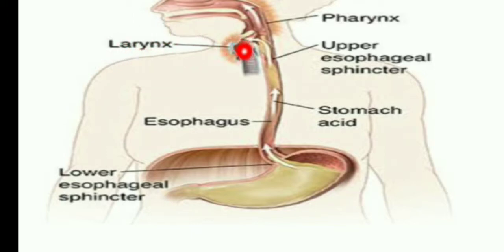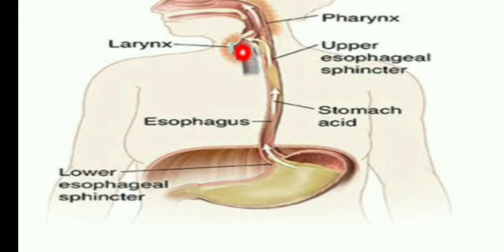It starts from the larynx and finally divides into two and connects to the bronchi in the lungs. It is present in front of the breastbone, that is the sternum.